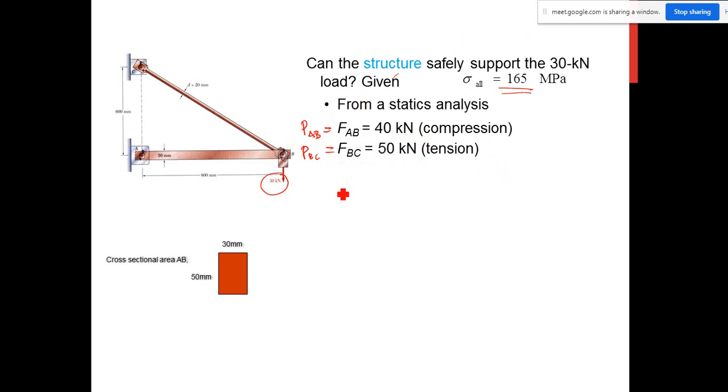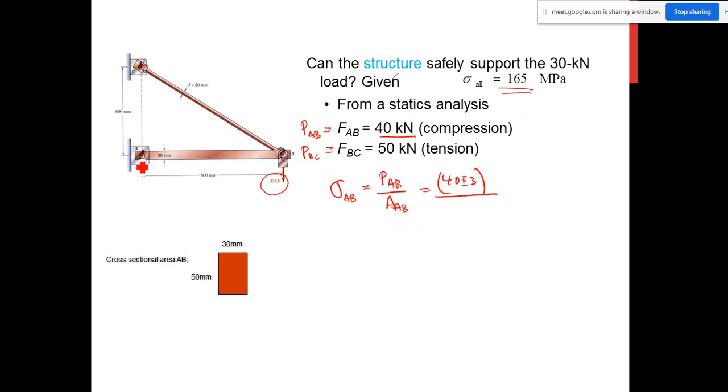Let's calculate the stress for member AB. Stress for member AB is equal to PAB divided by area for AB. PAB is equal to 40 kN, 40 times 10 to the power 3, so I convert into Newton, divided by the area.